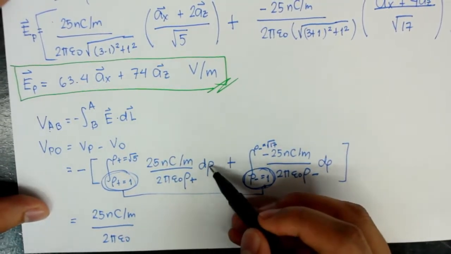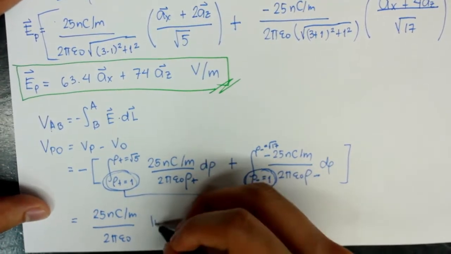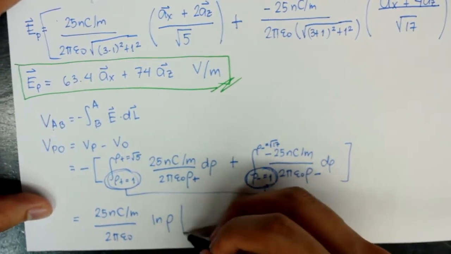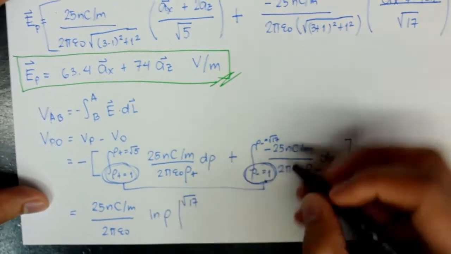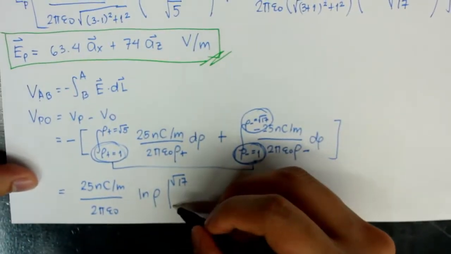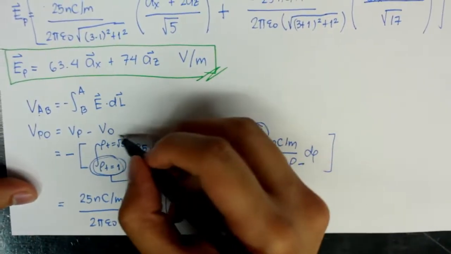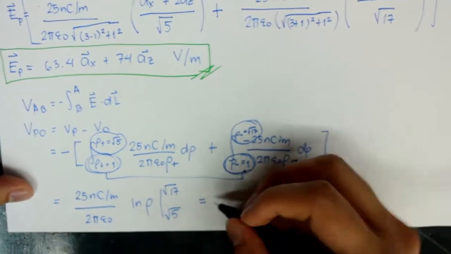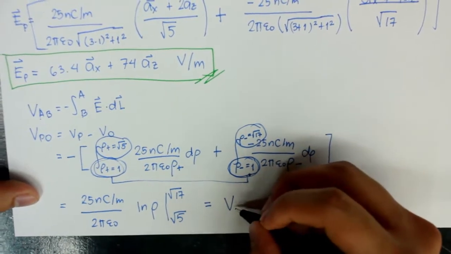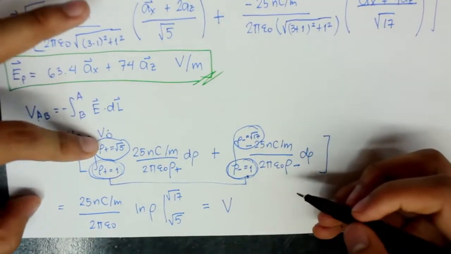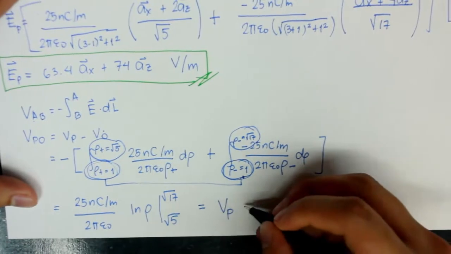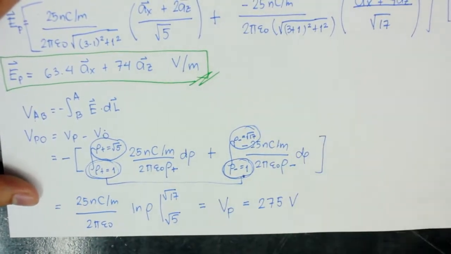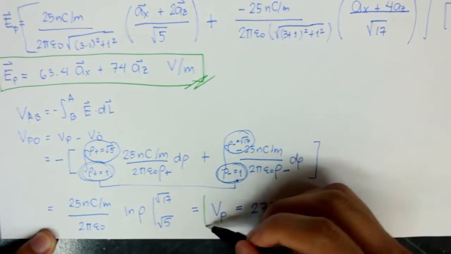Then integrate d rho over rho, that's just ln rho, working out their signs, from square root of 17 to square root of 5. So again, just plug in. Then, since the voltage at the origin is 0, V_P equals 275 volts. So, that's the final answer.